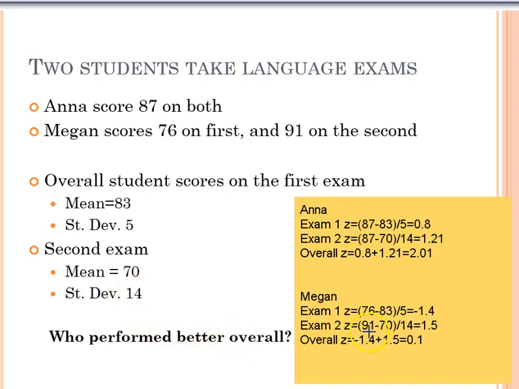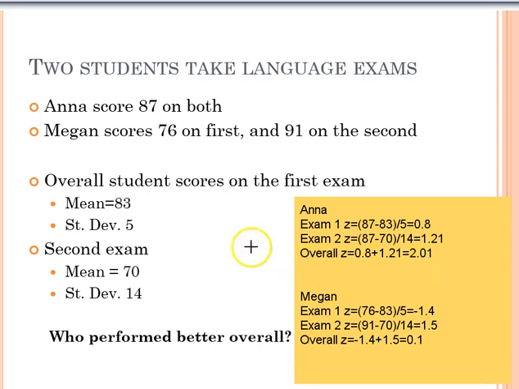And so we're going to take her score minus the average and then divide that difference by the standard deviation, and that's what gives us a z-score of 1.5. So now we have two z-scores for Megan, and we can add those up because again they're unitless, and overall her z-score is 0.1.